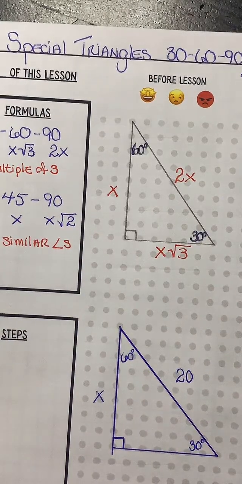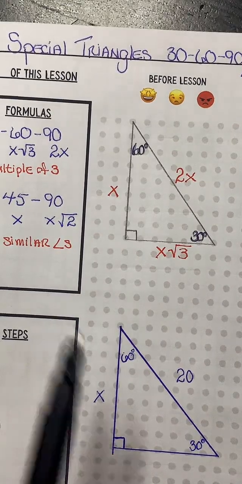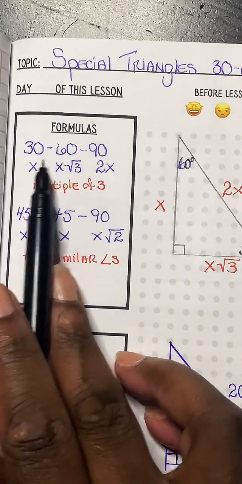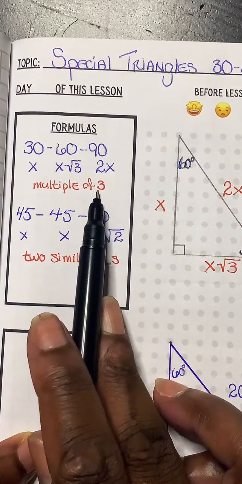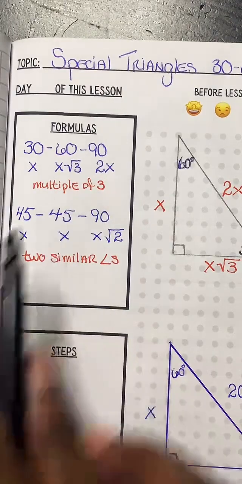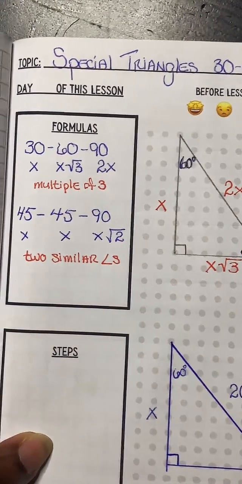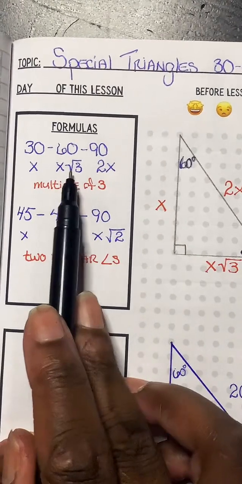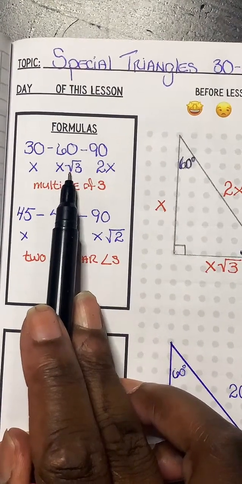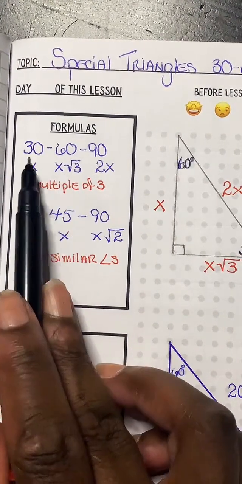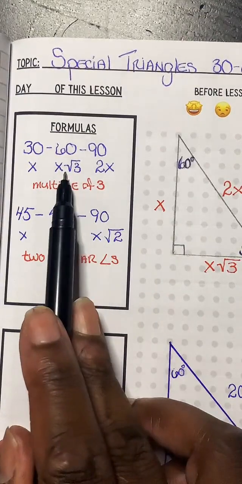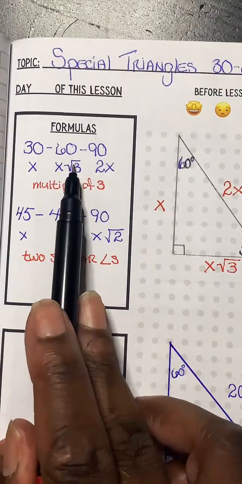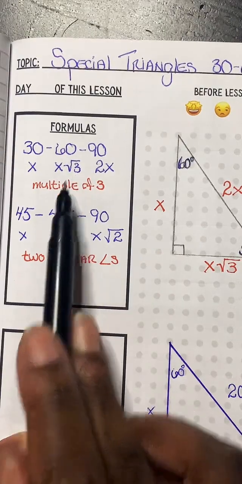The easiest way for me to think about this is that 30, 60, and 90 are basically multiples of 3. Since I'm thinking about the multiples of 3, that's why the middle term will have that square root of 3. All right?